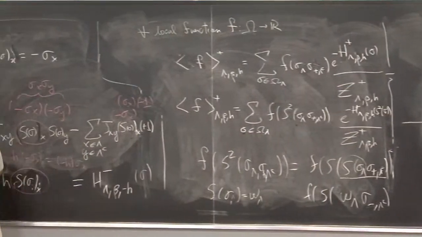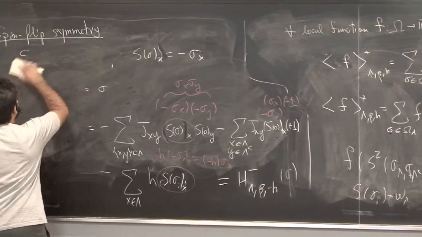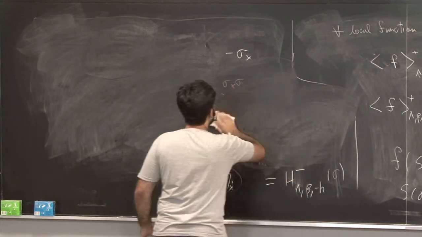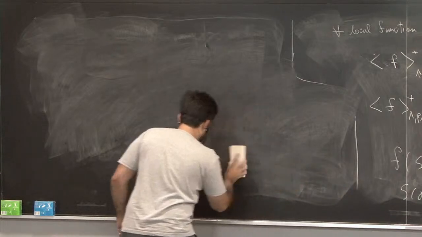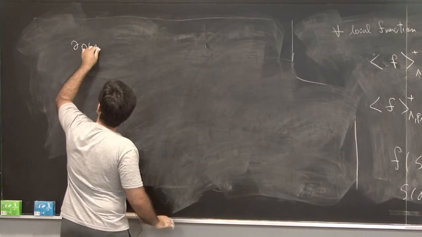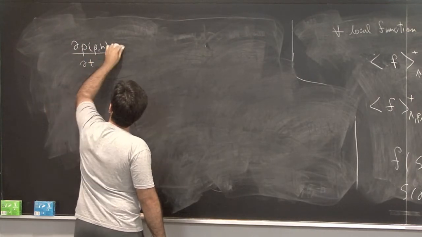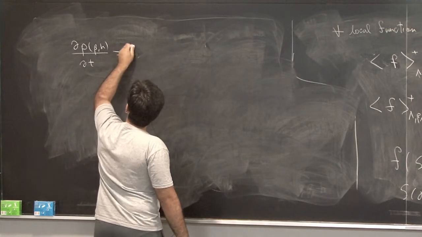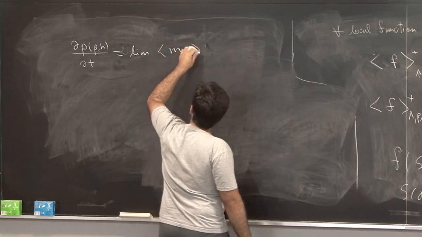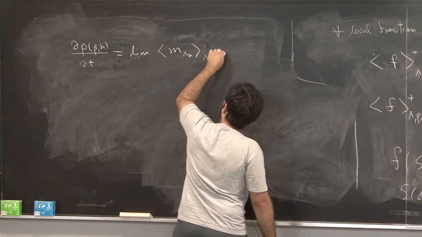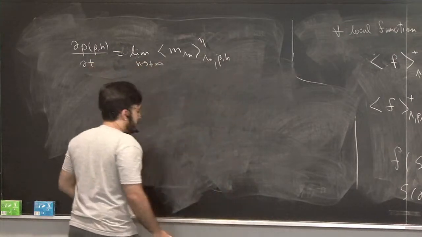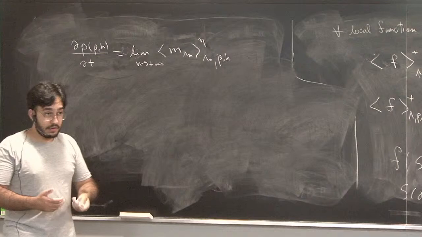And remember, we showed that when the pressure is differentiable, the derivative of the pressure with respect to H means that the limit of all the magnetization densities, beta H, with respect to any boundary condition, would be equal to the derivative every time that the derivative exists. We showed this.